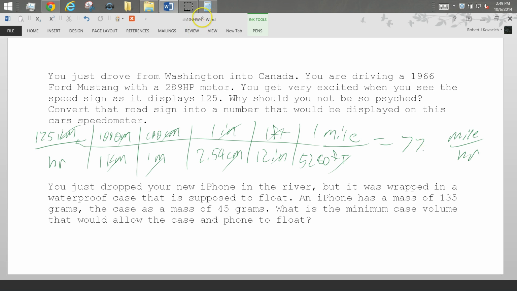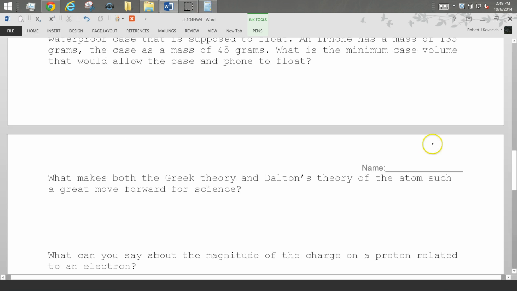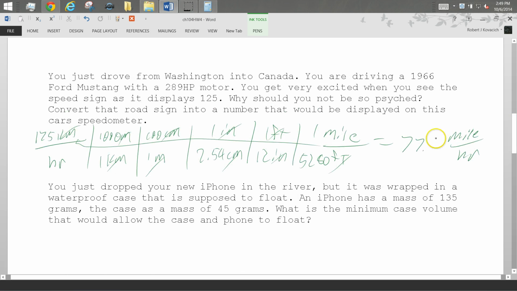What was it? 77.7. Yeah. Still pretty fast, but regardless.